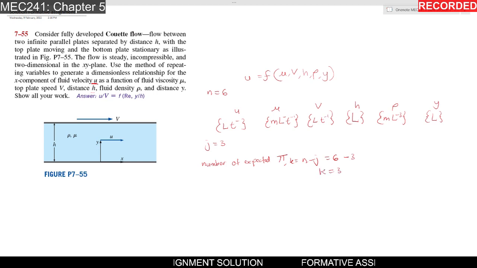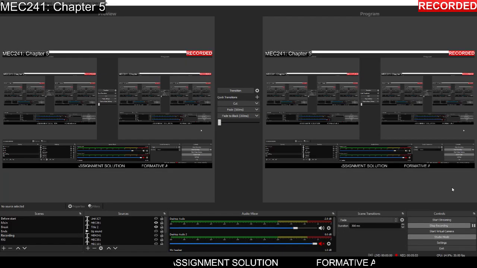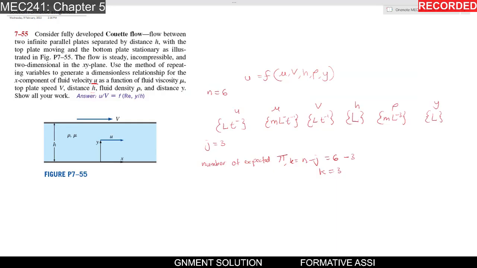Okay, we need to choose the 3 repeating variables. Right now we choose only 3 from these 6.